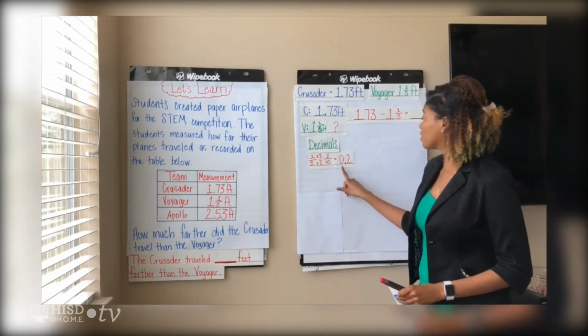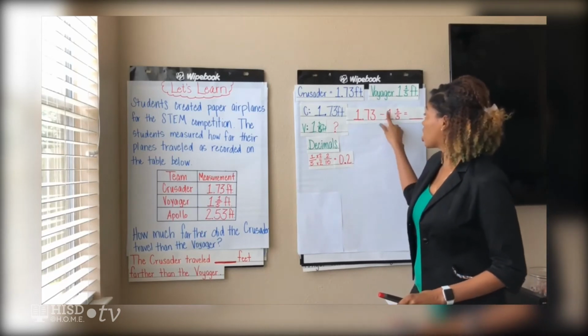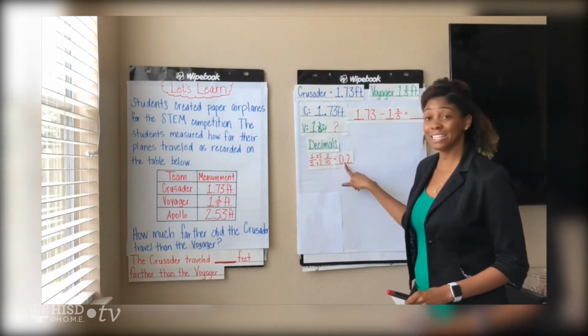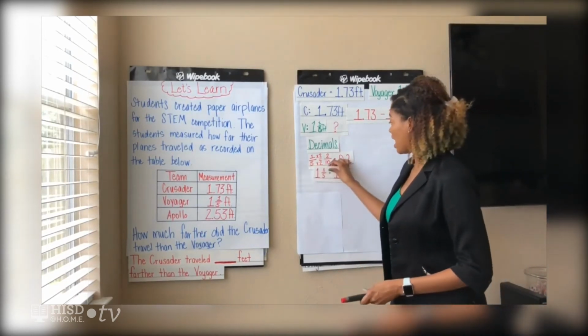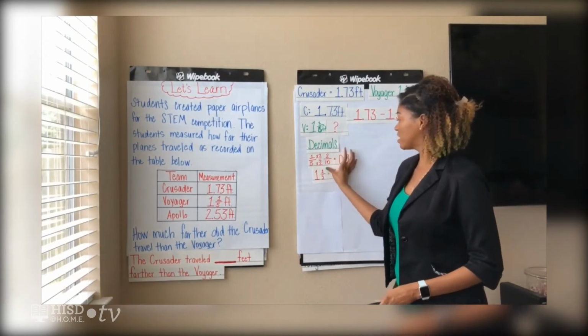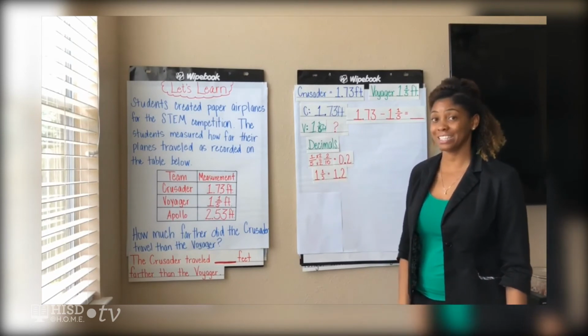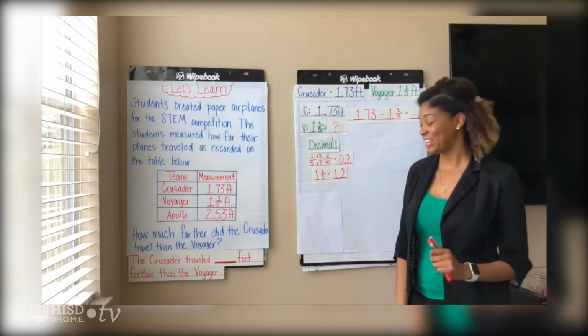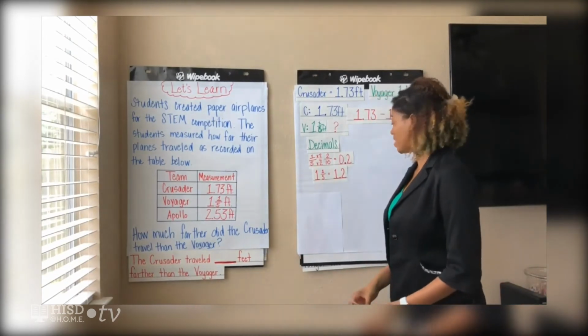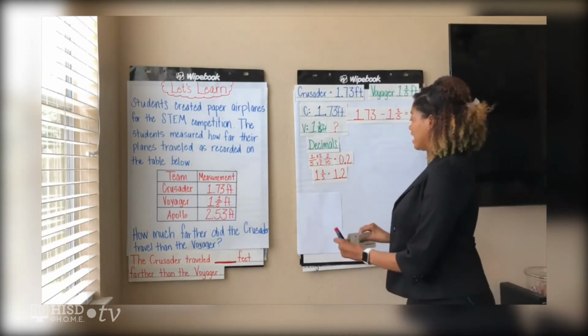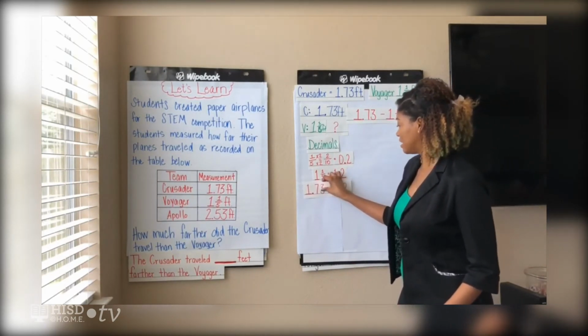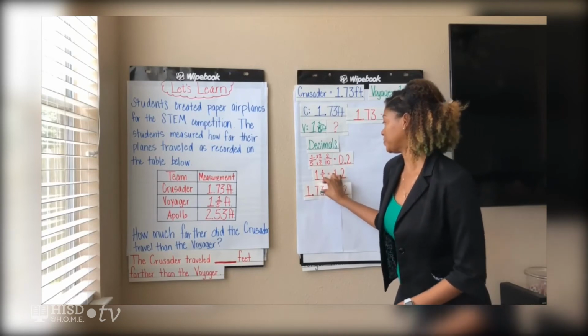In order for me to rewrite it, I have to take this whole number and add it to my decimal. So I have 1 1/5 is the same as 1 2/10. Yes, you are so on it. We are almost there. Now let's rewrite our actual subtraction problem.